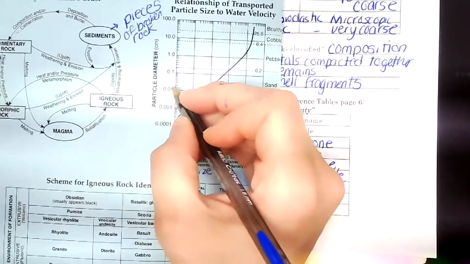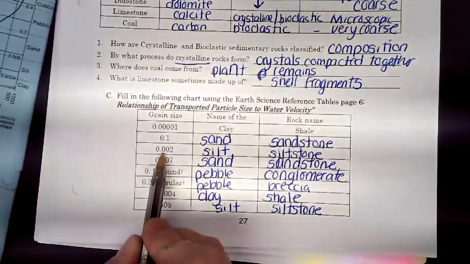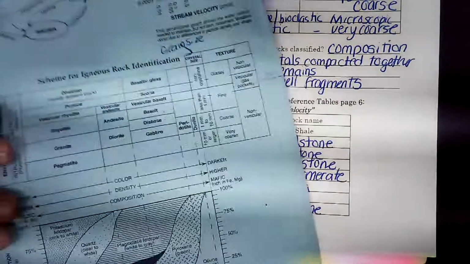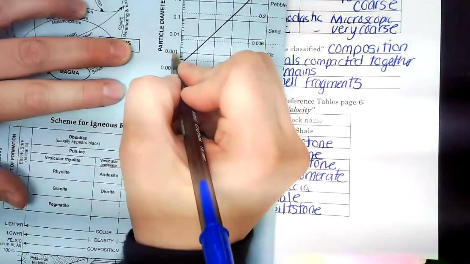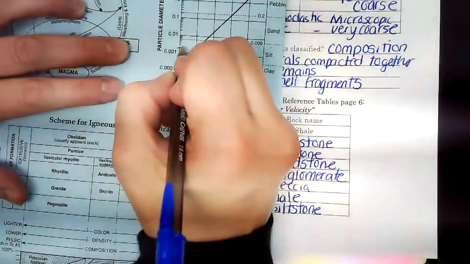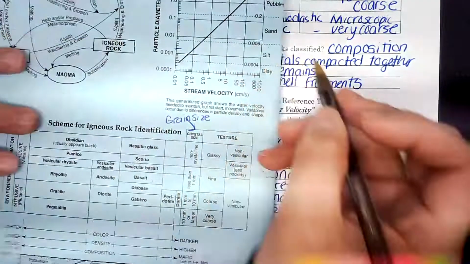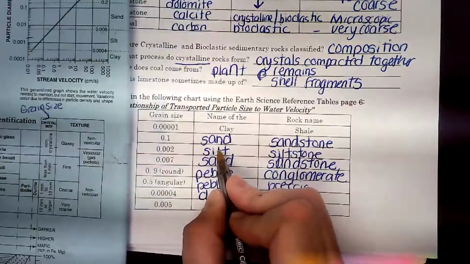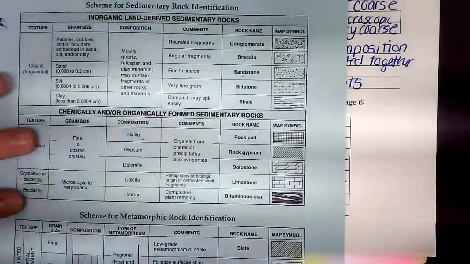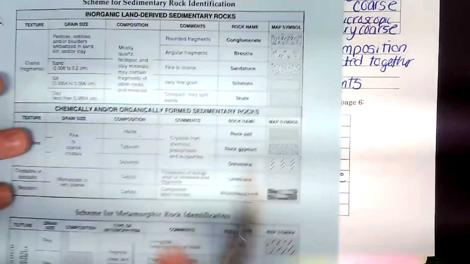Same here, 0.001, the next line is 0.002, which puts you in between the 2 dotted lines for silt. So that's how this one is silt. And then when you flip it over, silt makes siltstone.